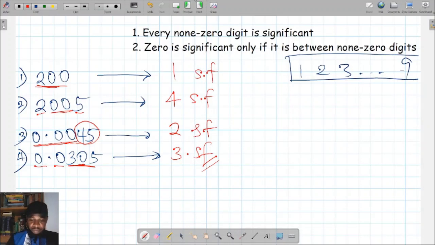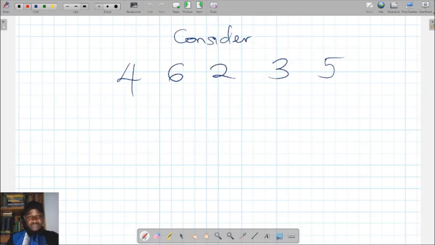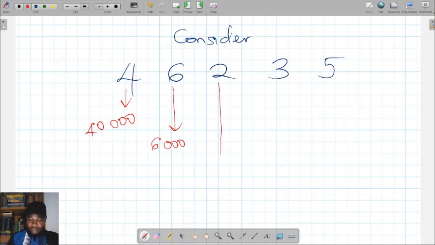Let's move on. Let us consider 46,235. Here, this number has the largest value, so it is the most significant digit. The value is 40,000. This is the next most significant digit, 6,000. This is the next most significant digit, 200.